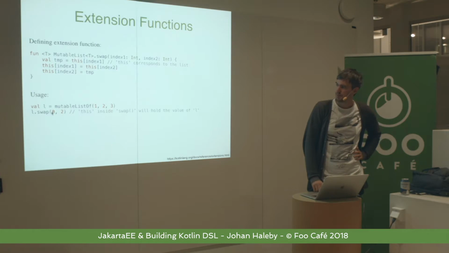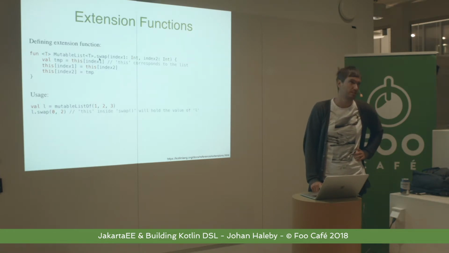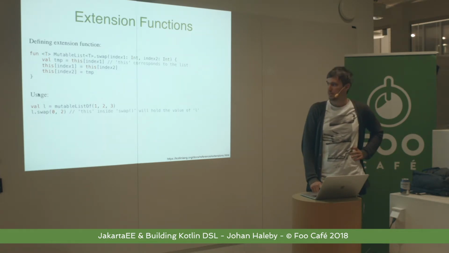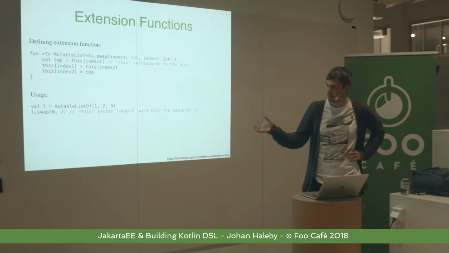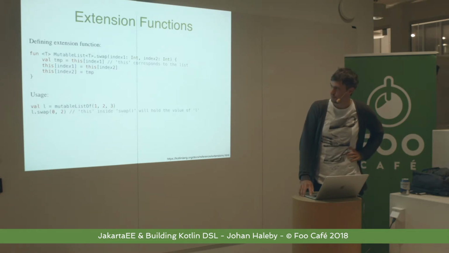And that means that when we create this mutable list, we can invoke swap like any other method if we have imported this function into our scope. This is very useful, I think. And this is one of the techniques that I've used in this Awaitility Kotlin DSL as well. I'll show you that in a minute.